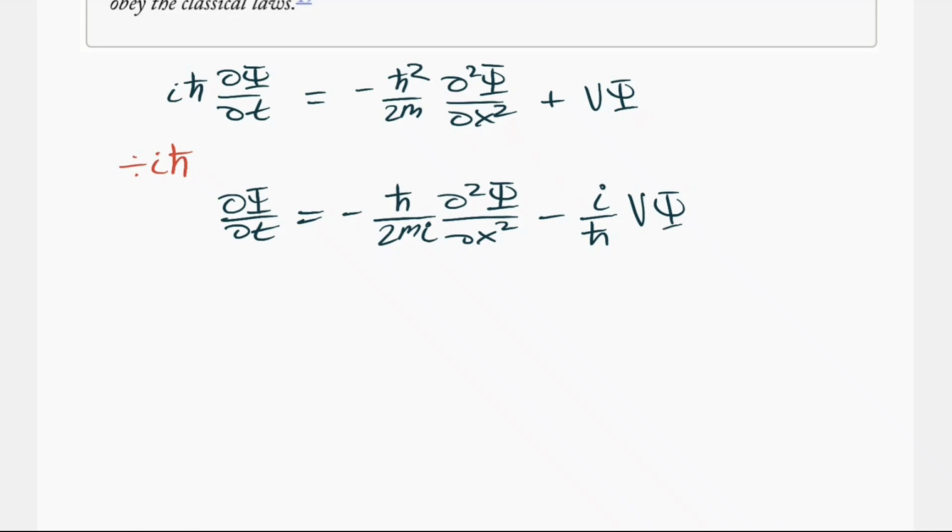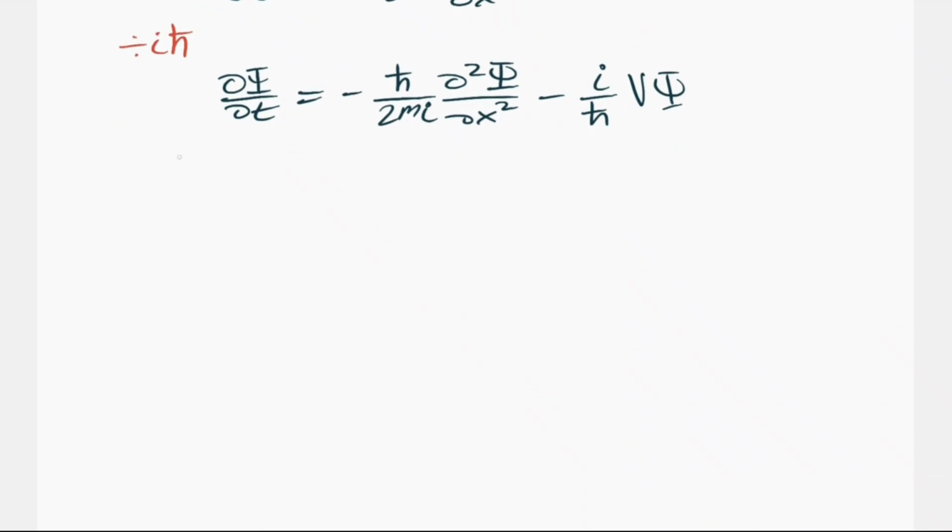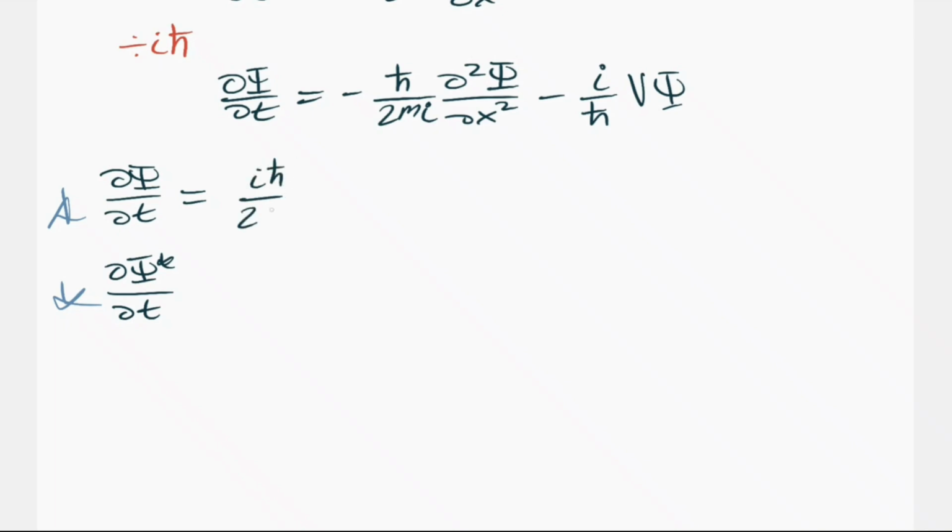And continuing on here, now we can write what we'll need. We're going to need dψ/dt, and we're also going to write dψ*/dt. These are 2 very important equations, or I should say substitutions, that we're going to use throughout this problem. So we're going to have i h bar over 2m, d²ψ/dx² minus i over h bar V ψ.